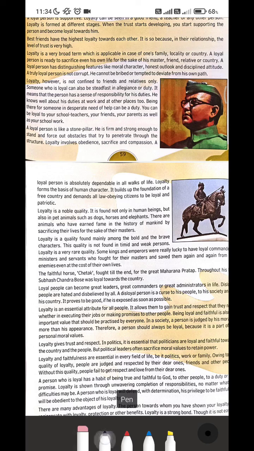So we have observed, students, that loyalty is not only confined to your friends or your family members or your classmates, but it is also applicable to the nation that you are living in. One must be loyal towards one's nation, that is country.